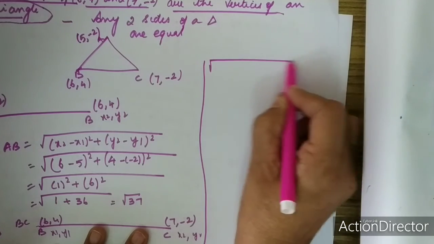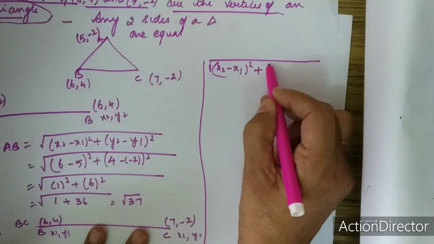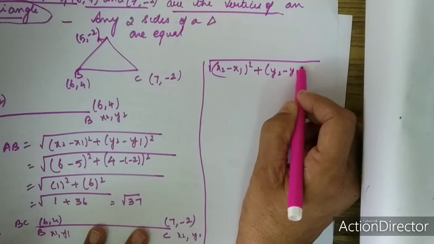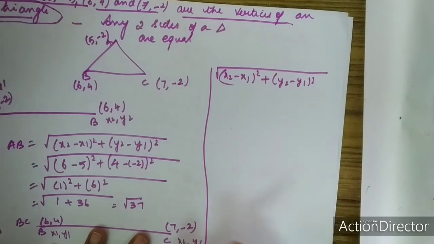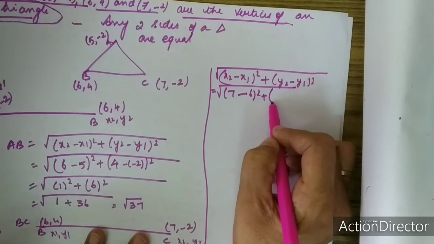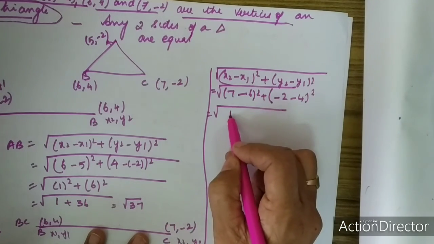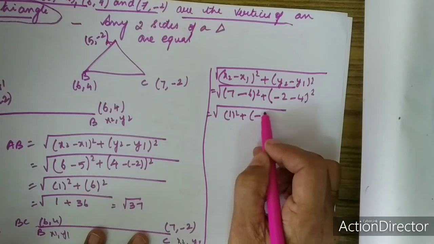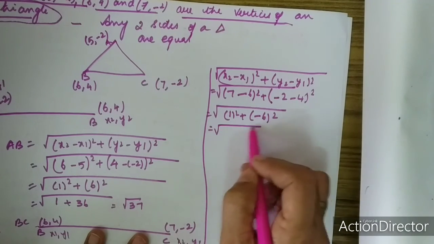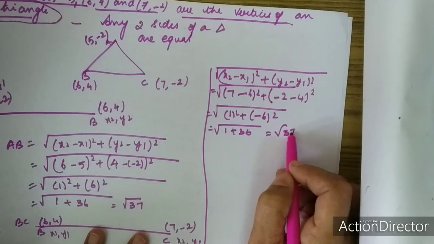So under root of (x2 minus x1) whole square plus (y2 minus y1) whole square. So replacing the values, what is x2? 7 minus 6 whole square, here minus 2 minus 4 whole square, which is equal to 1 whole square plus minus 6 whole square. Again the same answer, 1 plus 36, which is equal to root 37.